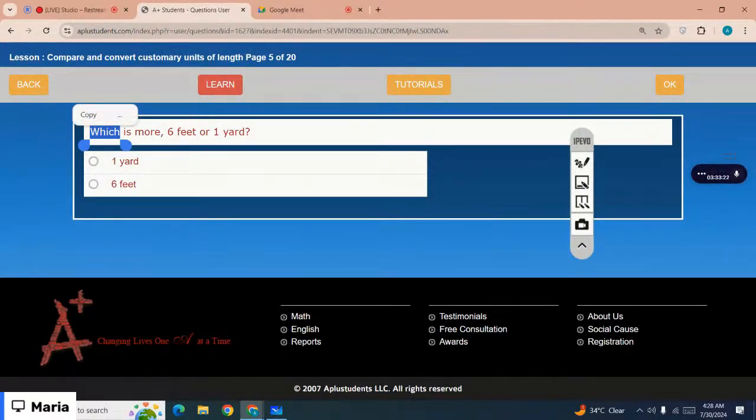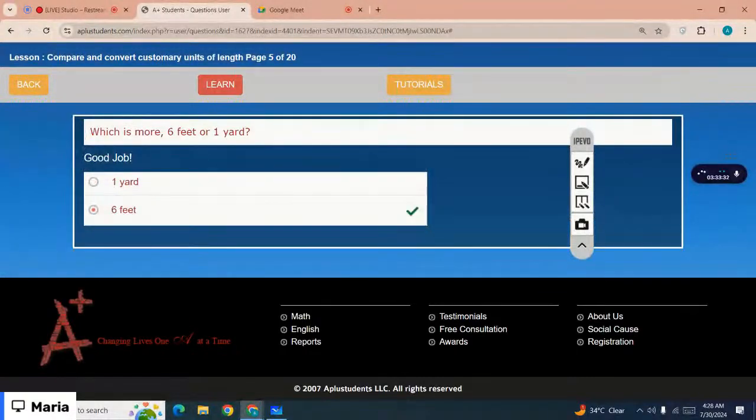The correct option is 6 feet. I think 6 feet is more than 1 yard.